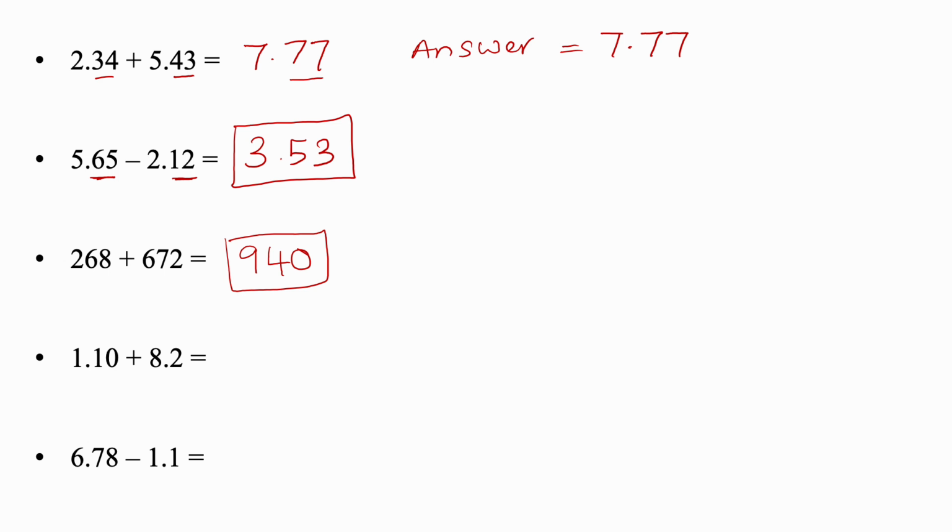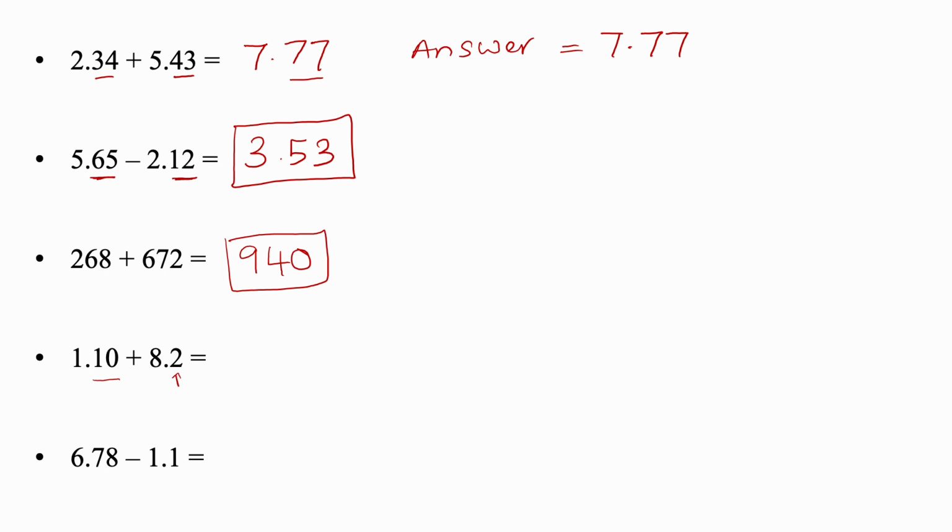Next one, 1.10 has 2 decimal places, but 8.2 has only 1 decimal place. According to the rule, we are carrying the least number of decimal places to your final answer. So your final answer should contain only 1 decimal place.